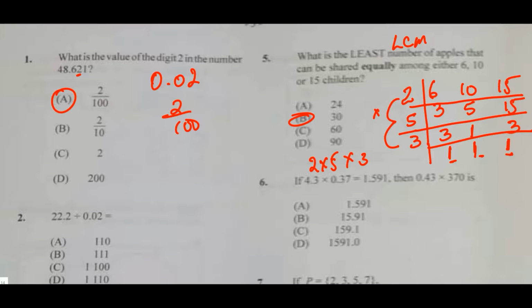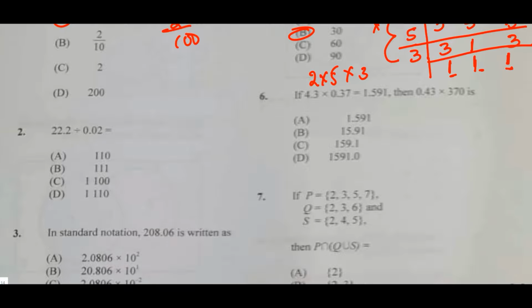Alright, number 2, 22.2 divided by 0.02. So we know that when we're dividing by a decimal, the first thing to do is make our divisor into a whole number. So we're going to multiply it by 100 to make it into a whole number. So this now becomes 2, and we have to multiply the dividend by 100 also.